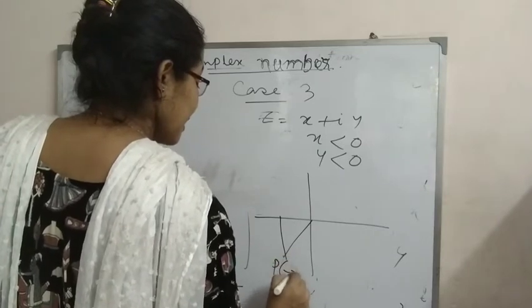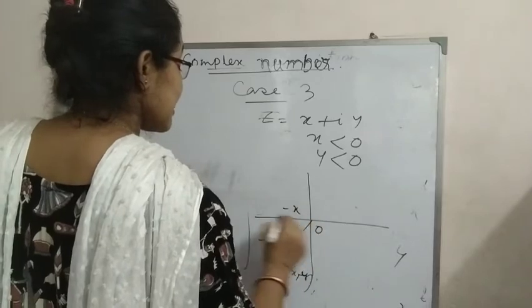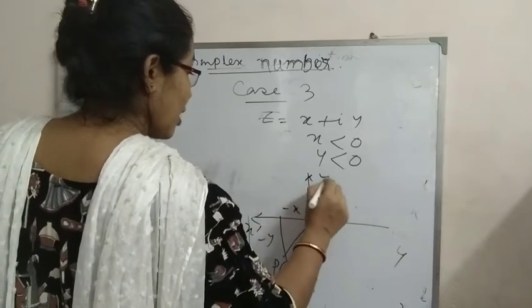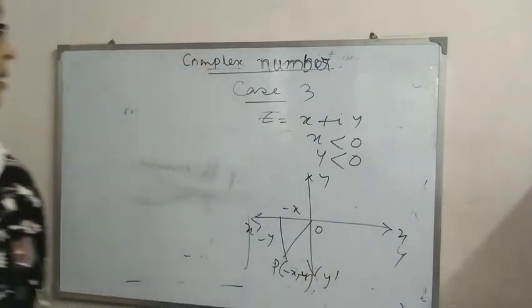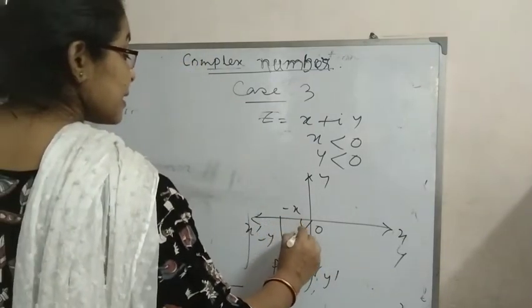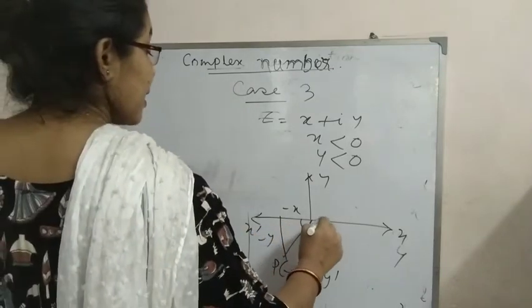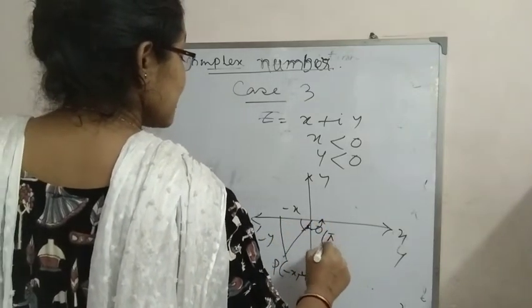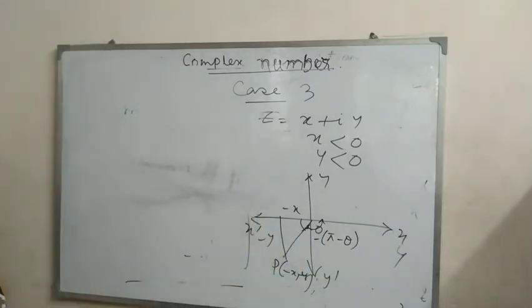This is P(minus x, minus y). This is minus y, this is minus x. X dash, y, x, y dash, and this is theta. This is minus (pi minus theta).